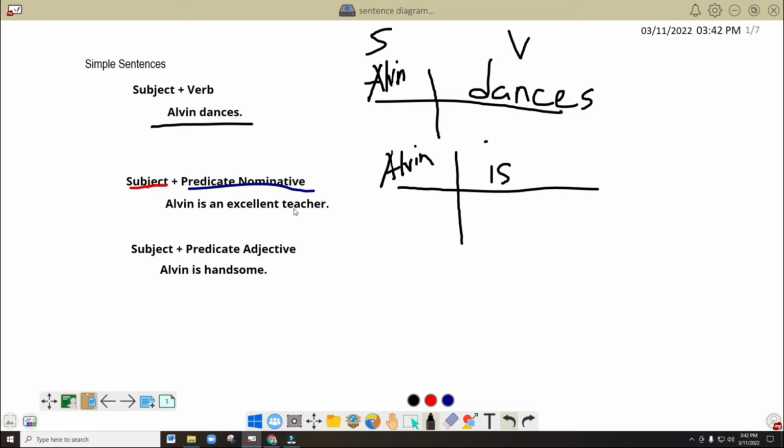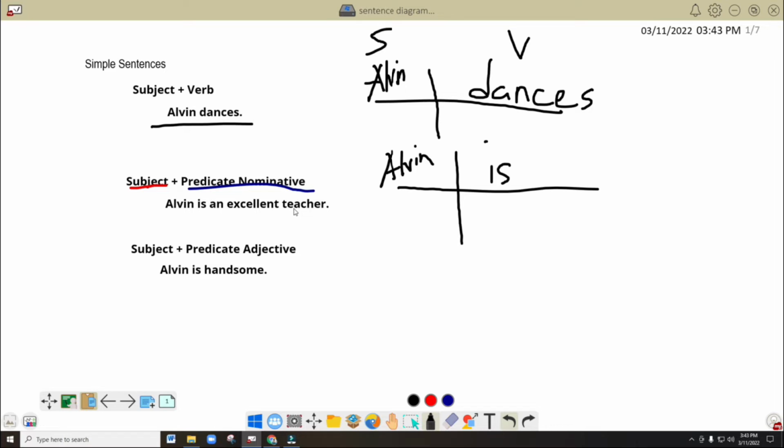When a word is giving another name for a subject, we call this a predicate nominative. Like this: Alvin is an excellent teacher. The simplest example would be Alvin is a teacher. So who is Alvin? A teacher. We know that the teacher and Alvin are just one, just giving another name for Alvin.